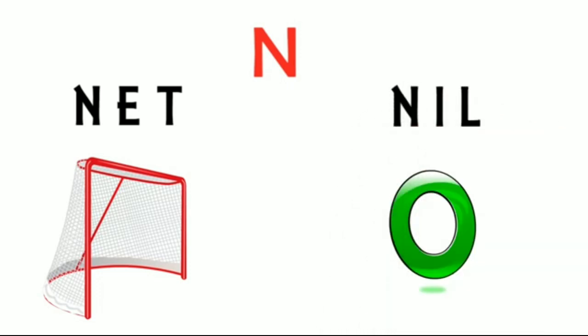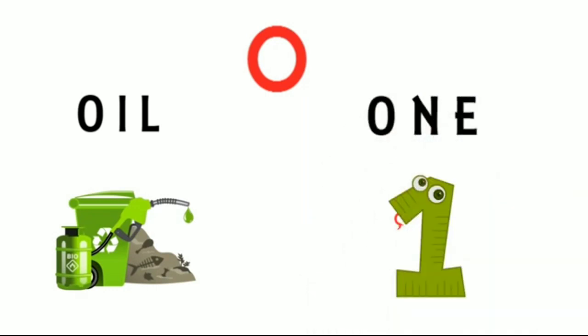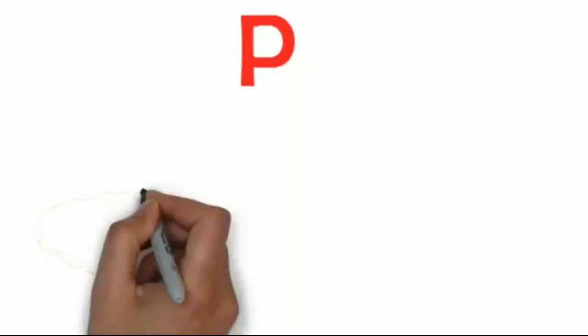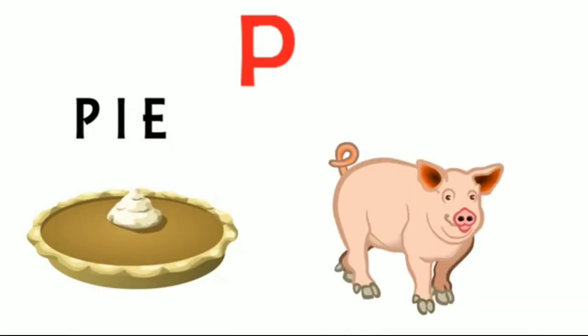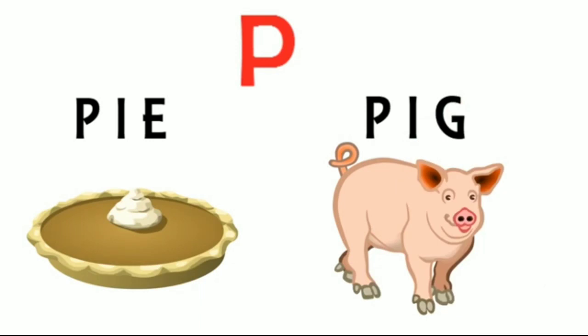N for nil. O for oil. O for one. P for pie. P for pig.